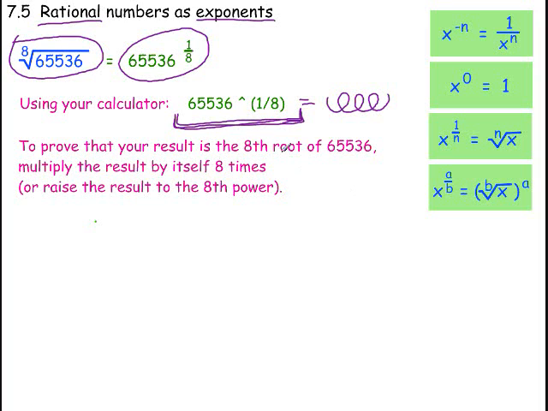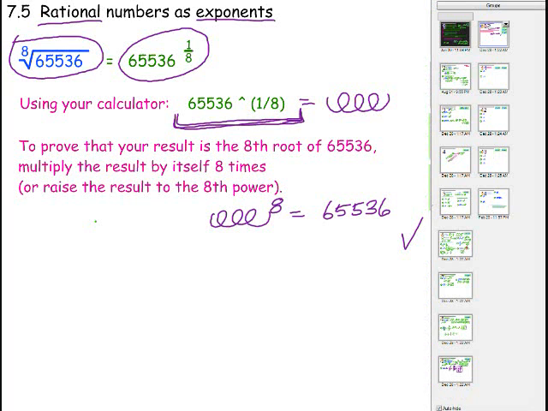And then we're going to verify that it is indeed the 8th root by taking that number you got, raising it to the 8th power, and that will be 65,536. So just to remind you, your calculator is already using rational exponents.